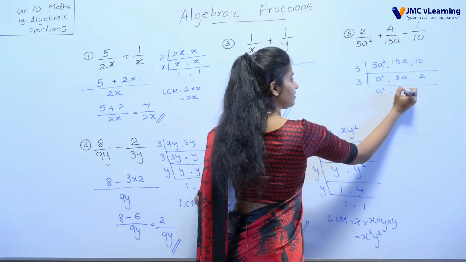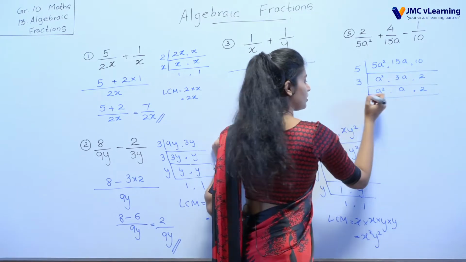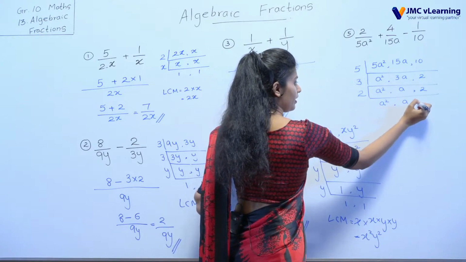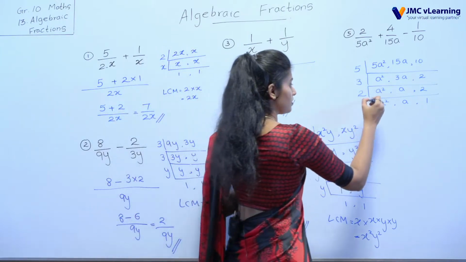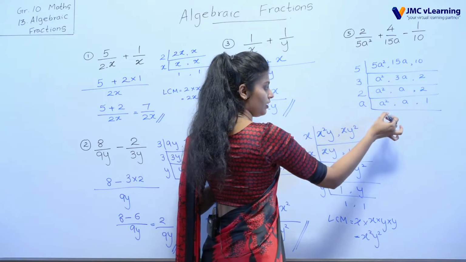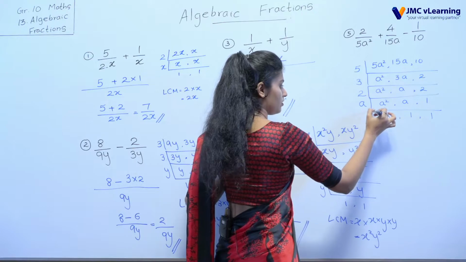Then let's divide by 3. a squared, a, here 2. Divide by 2, a squared, a, here 1. Then we will divide by the algebraic term a, here left 1a, here 1, 1.